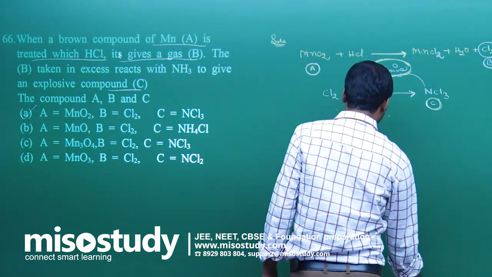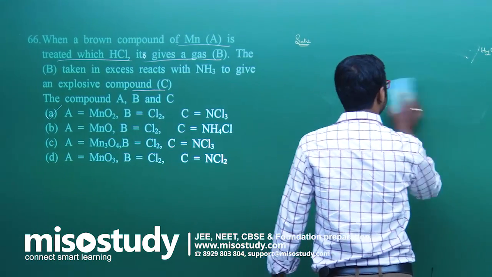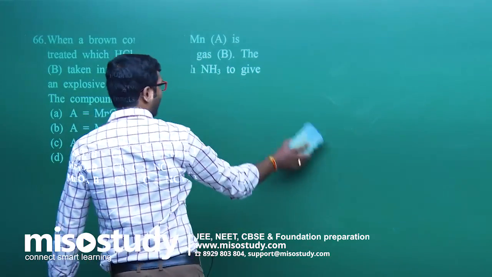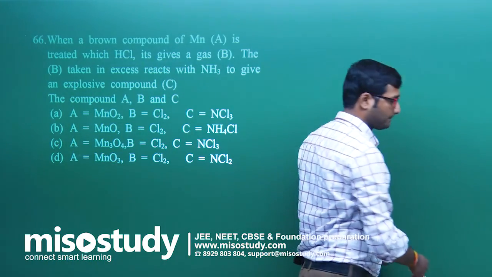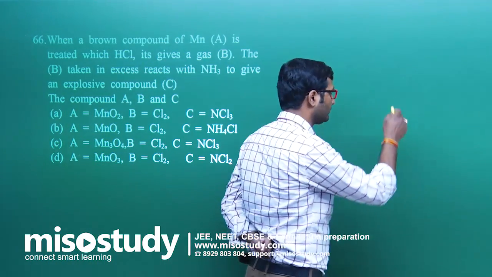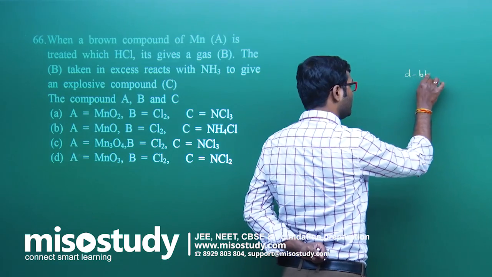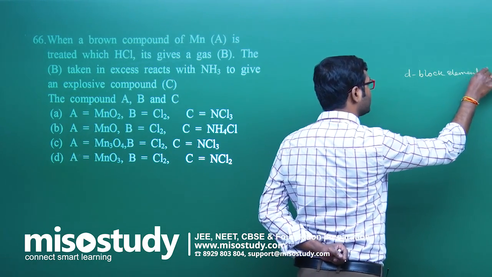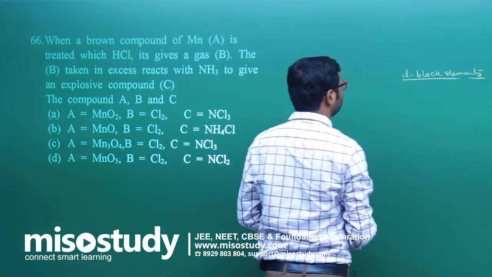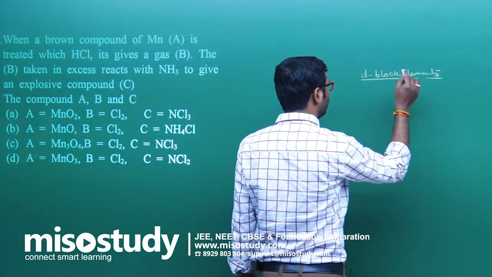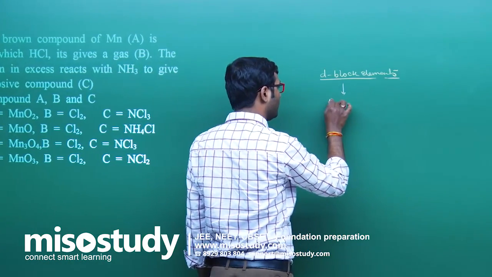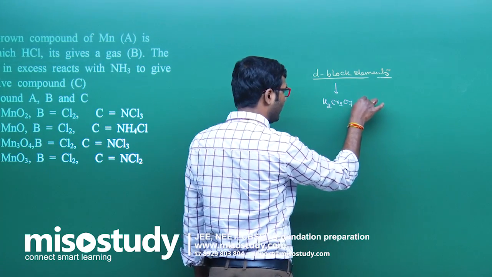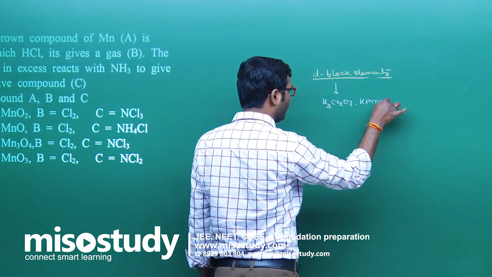Now, in D and F block elements, you have to focus on two important compounds. In the D block elements, these are K2Cr2O7 and KMnO4.